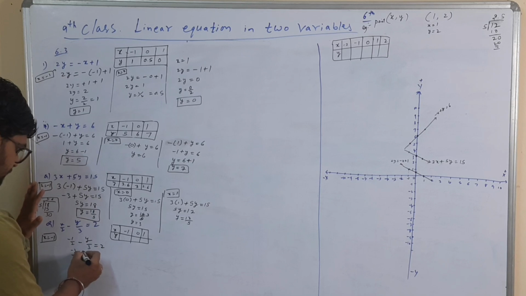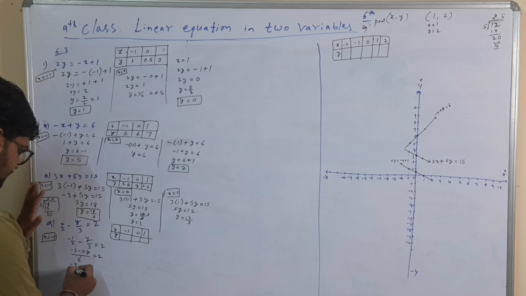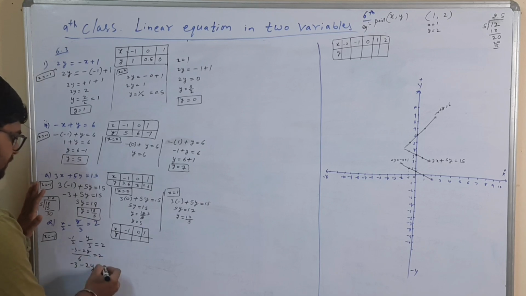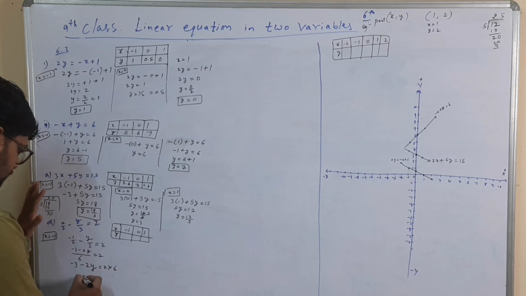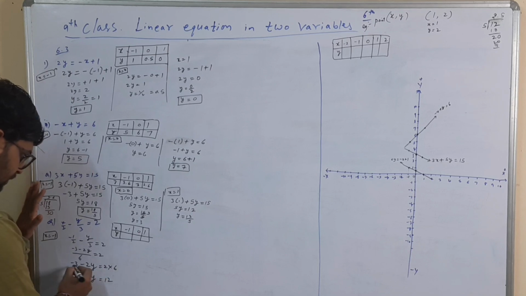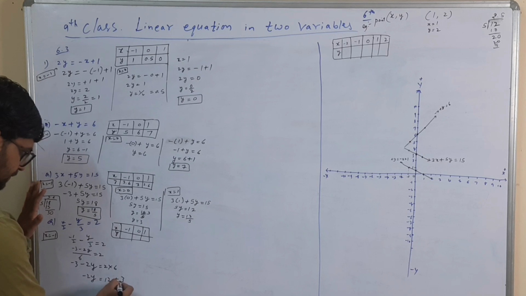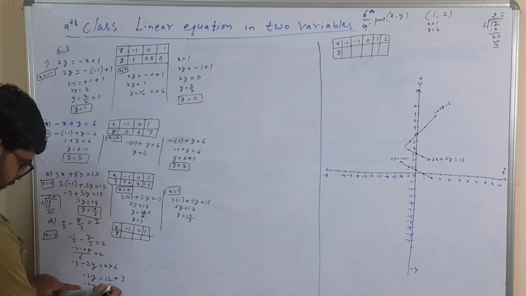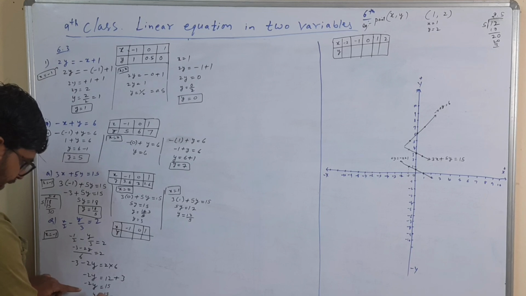So minus 3 minus 2y is equal to 2 into 6, which is 12. So minus 2y is equal to 12, this 3 goes to the other side, plus 3, so minus 2y is equal to 15. y is equal to 15 by minus 2.